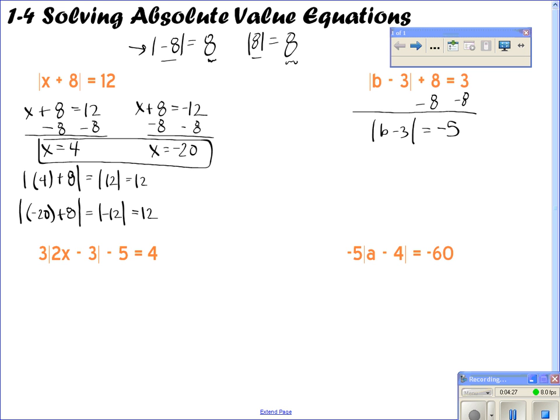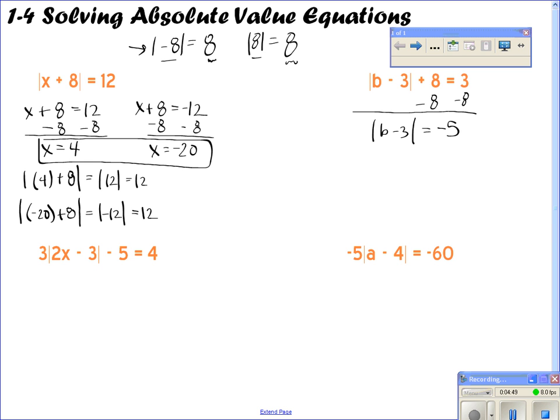Now tell me what issue you may see with this problem at this point. That's not the issue. There's a different issue. You can have a -3 inside the absolute value. What's wrong with the -5? Okay. I agree with you, yep. The other side is going to have to be positive, so it can't equal that. Correct.